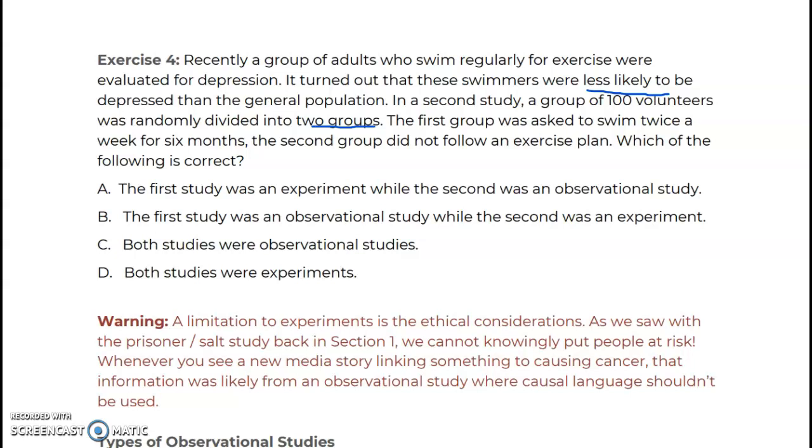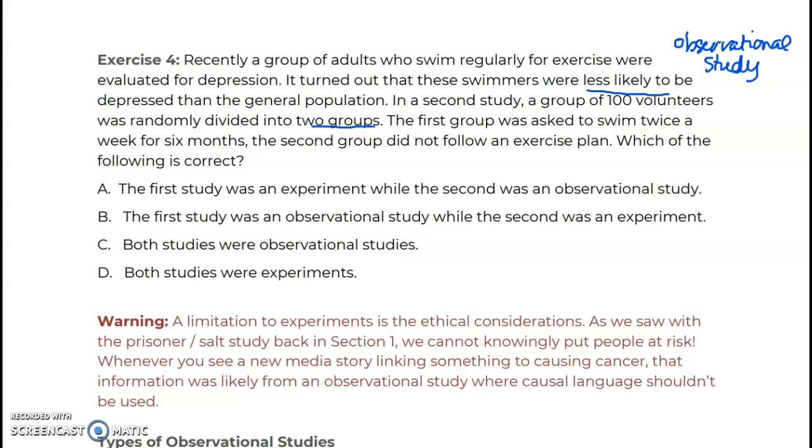The first group was simply observed, which makes it an observational study. In the second study, we divided our group into 2 different groups. One was asked to swim twice a week for 6 months. The other group did not follow any exercise plan, so we would call that our control group.